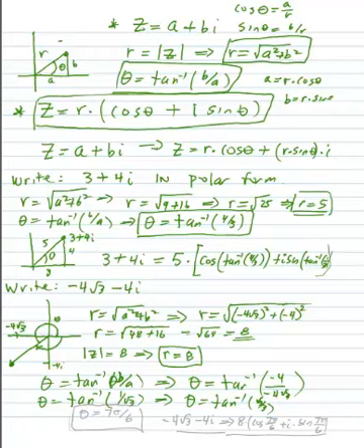And according to the unit circle, that would correspond to 7 pi over 6. So the complex number negative 4 root 3 minus 4i has equivalent polar form of 8 times the cosine of 7 pi over 6 plus i times the sine of 7 pi over 6.